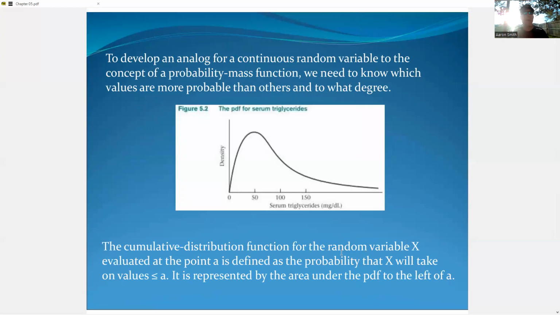All right, so to develop an analog for a continuous random variable to the concept of a probability mass function, we need to know which values are more probable than others and to what degree.